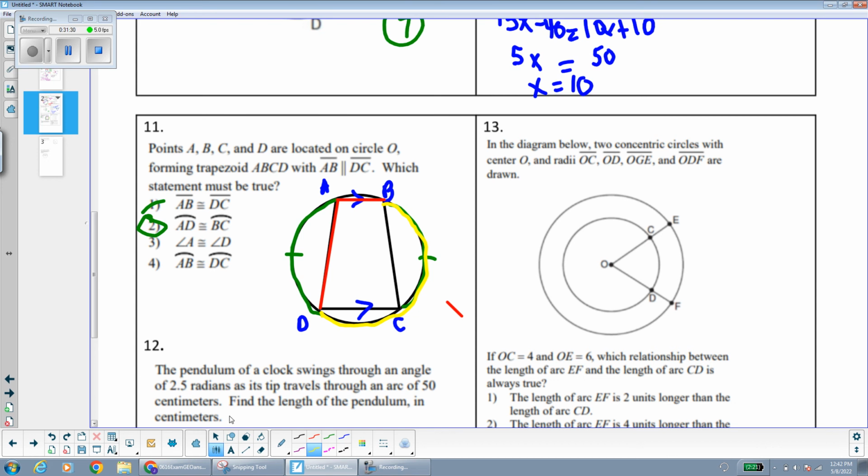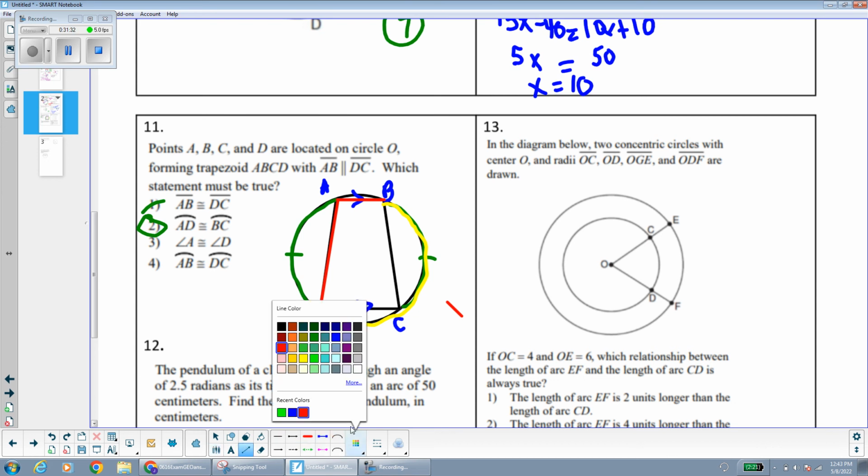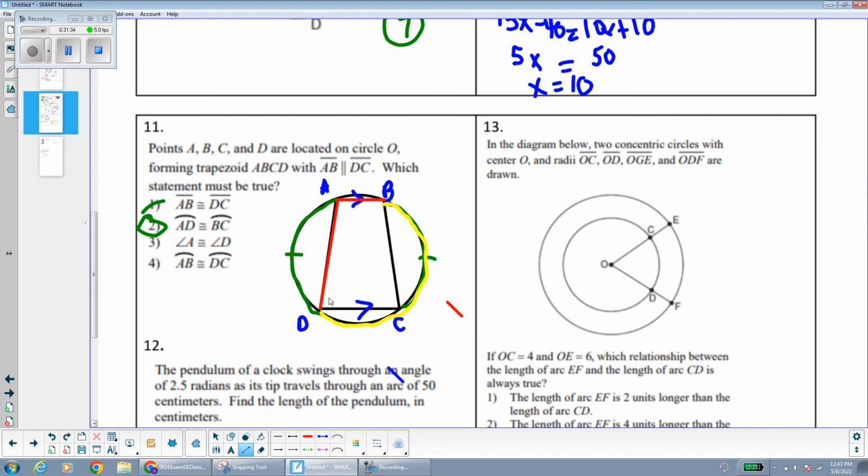And angle D is also an inscribed angle. Let me get a different color for this one. And angle D is opening up to our arc ABC. So they both have BC in common. So that would be the same.